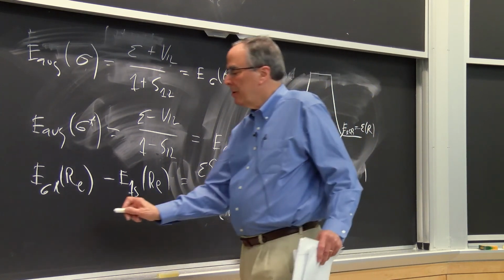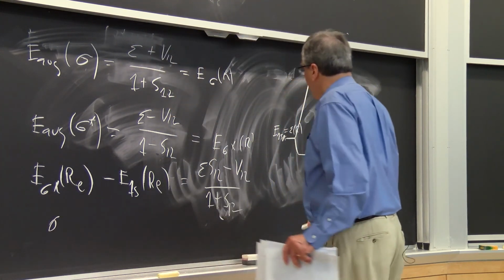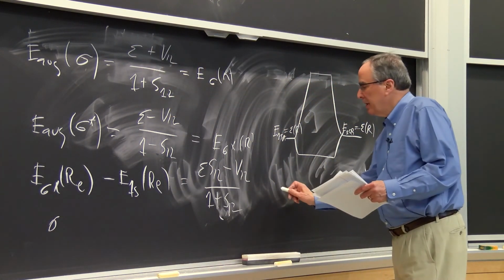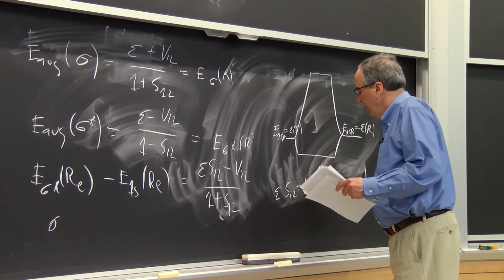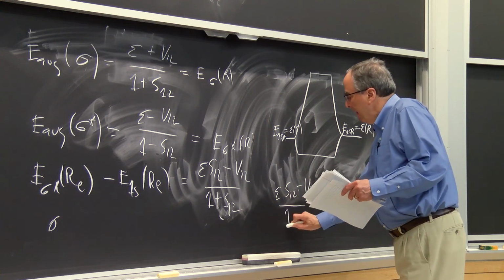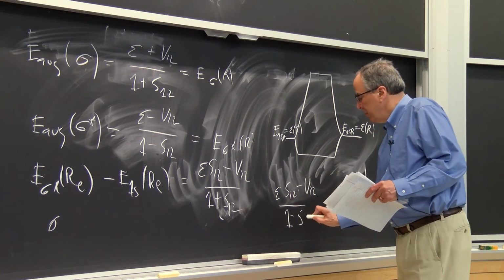And for the sigma orbital, I have a similar equation, but I get epsilon S12 minus V12 over 1 minus S12.